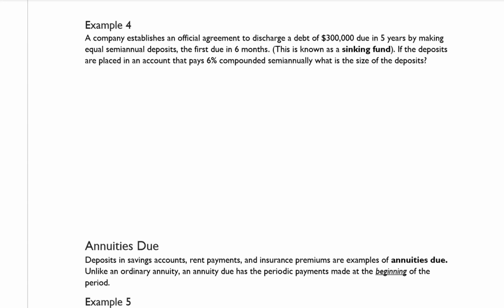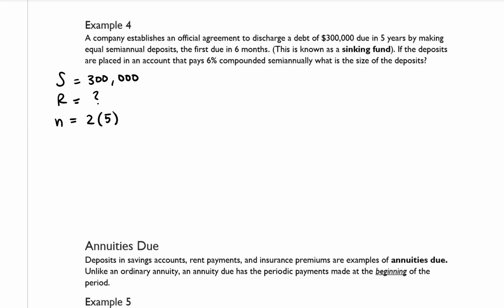So this is a scenario where we know our future value is 300,000, but we are trying to figure out what our regular payments are. So this is the unknown in this scenario. And the number of terms, we know that the payments are happening semi-annually, which means twice a year over the span of 5 years.